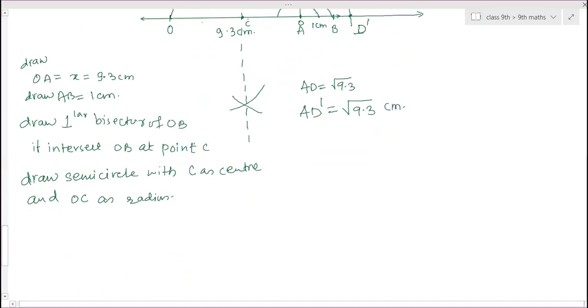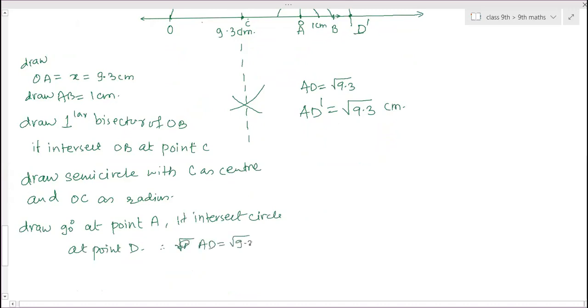So OC is the radius, we have drawn the semicircle, then draw 90 degrees at point A. It intersects the circle at point D. So AD is equal to square root of 9.3. So draw an arc with A as center and AD as radius.